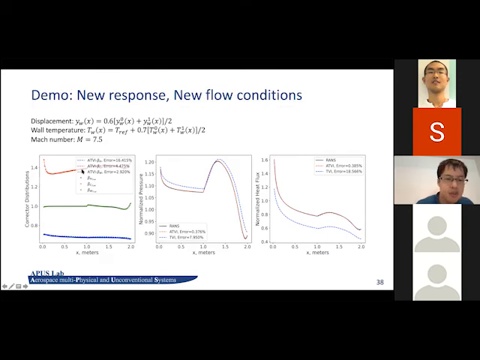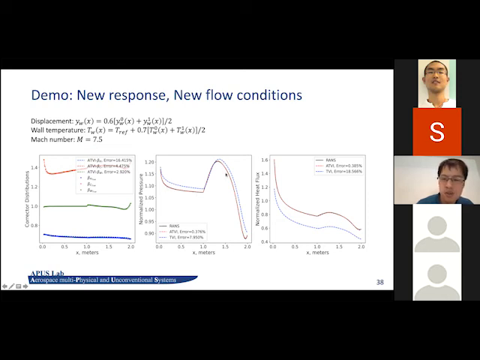Here I'm just giving a quick example of what we are able to achieve. Here we are considering some displacement and wall temperature that entirely don't exist in the training data set, and also a Mach number that doesn't exist in the training data set.